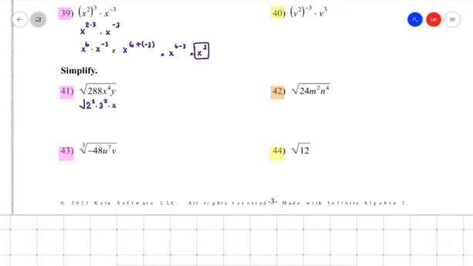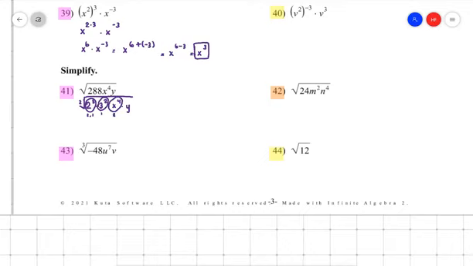Then we've got that x to the 4th and y. So now whenever we don't see the index, it is 2. So anything with a power of 2 or greater can come out. 5 divided by 2 is 2 with a remainder of 1. 2 divided by 2 is 1, no remainder. 4 divided by 2 is 2, no remainder.